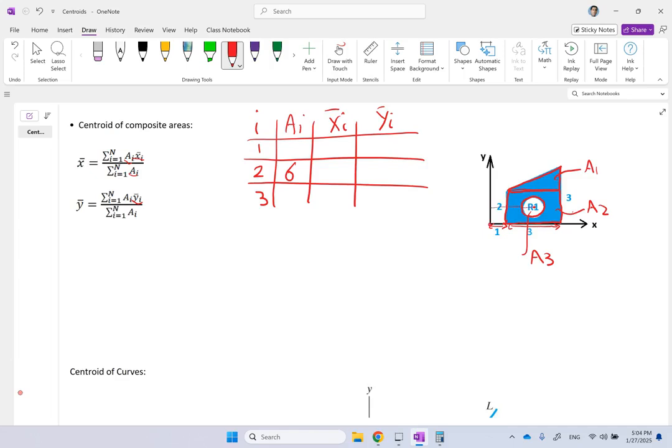So the X of it is this distance, which is half of this 3, which is 1.5, plus 1, that is 2.5, correct? So the X bar of it is 2.5. And the Y bar of it is half of 2. The height is 2, so half of it is 1.